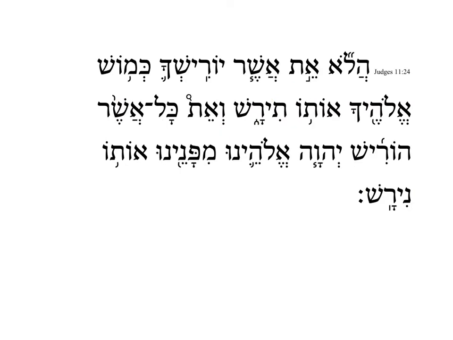Here's another passage with some pronominal suffixes. Halo et asher yorishecha Kamosh Elohecha oto tirash. Ve'et kol asher horish Hashem Eloheinu mipanenu oto nirash. And this is in the form of a negative question, a rhetorical question.